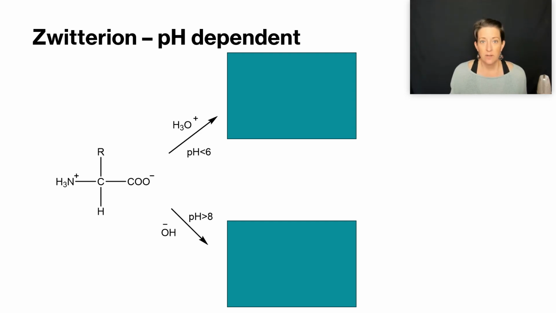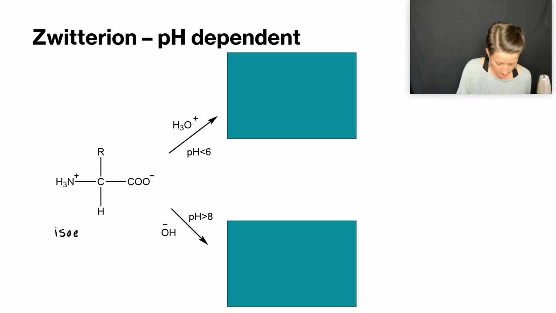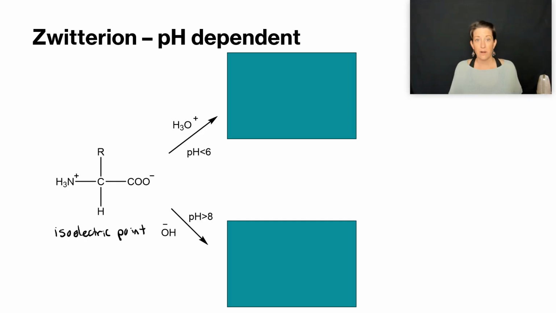When a Zwitterion or an amino acid is in its aqueous state by itself, and it's at the appropriate pH, between 6 and 7 is going to be typical, that is what we call the isoelectric point of that Zwitterion. Iso meaning same, electric meaning charged point.